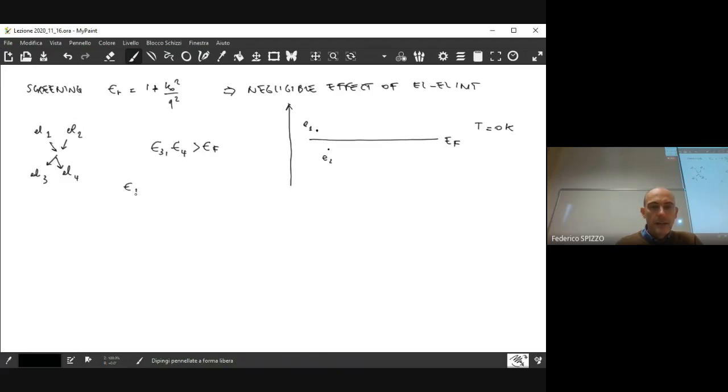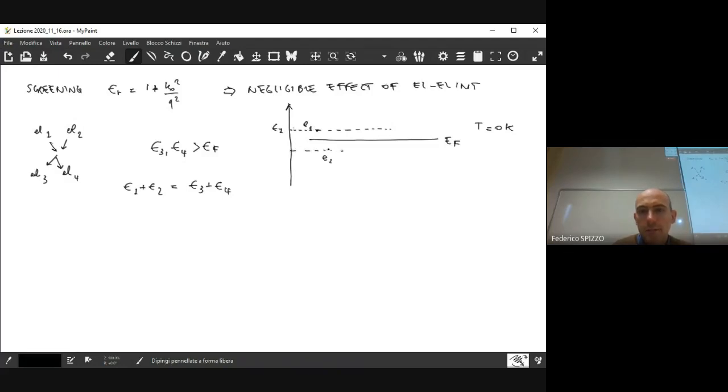So I have to say that E1 plus E2, the energy of the initial electrons, has to be equal to E3 plus E4. Now, if you notice, in the energy scale, this is E1.